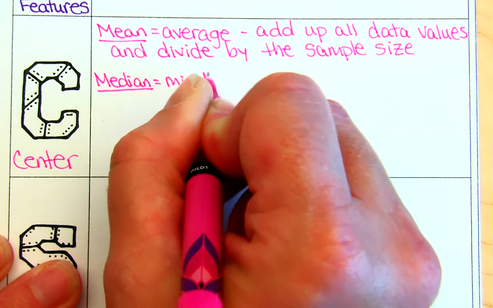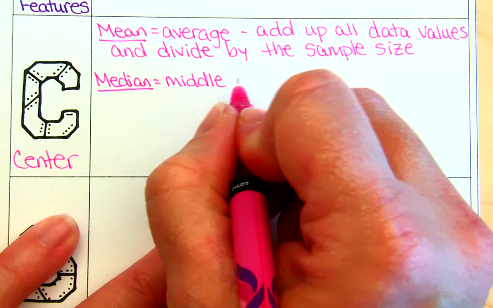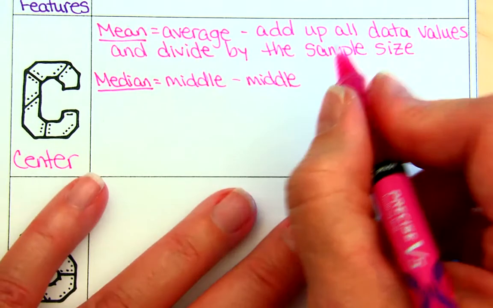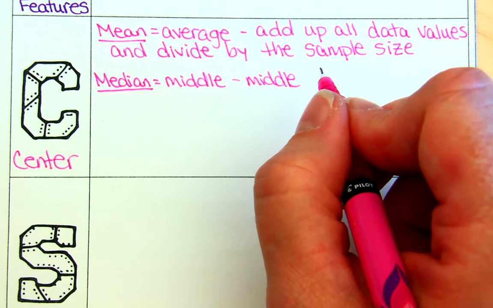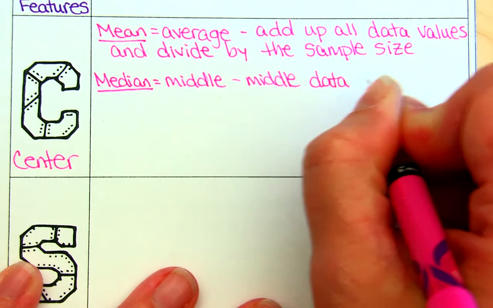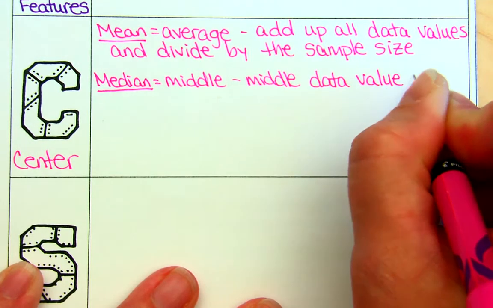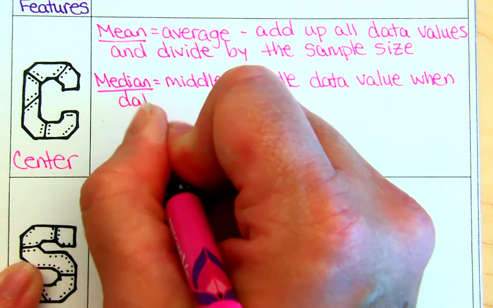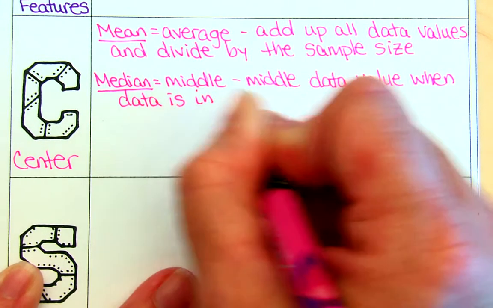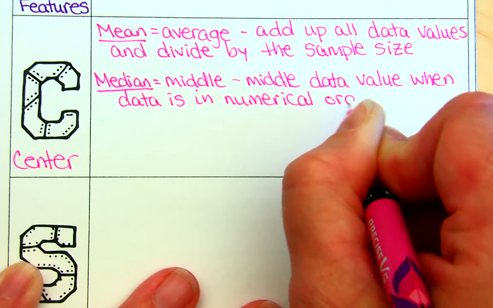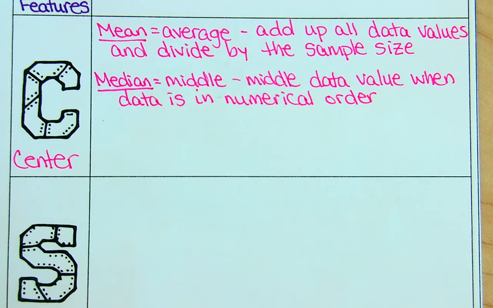This is the middle. Middle value when everything's in numerical order.